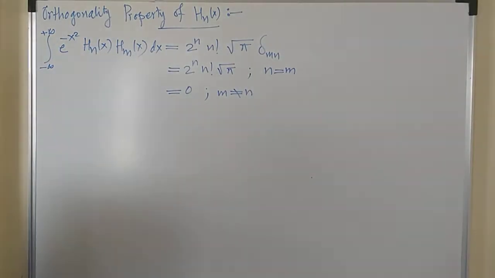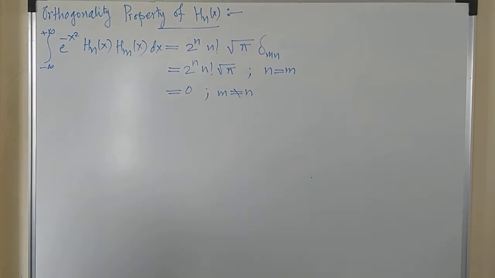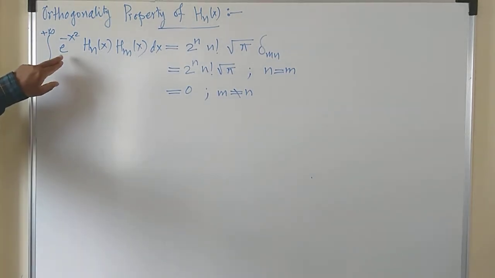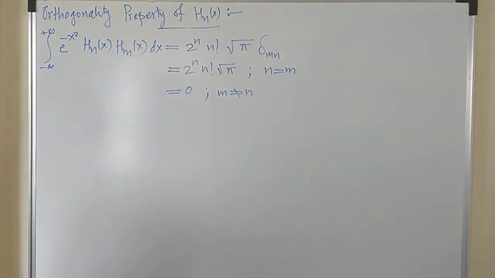And to prove this, we have to consider the differential equation of the Hermite polynomial, which we have already studied. But before proceeding to that, you might be wondering why this factor e raised to minus x square is included in the orthogonality property.